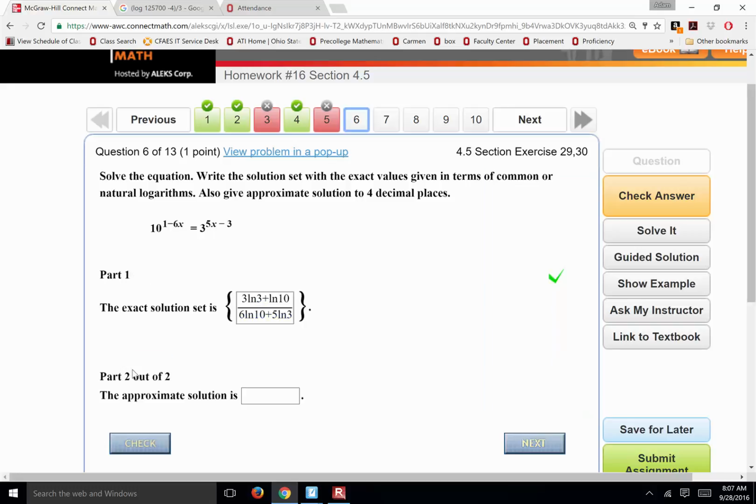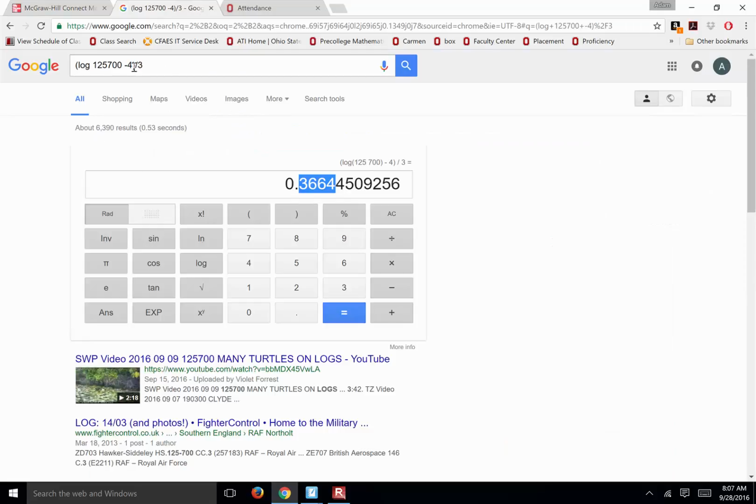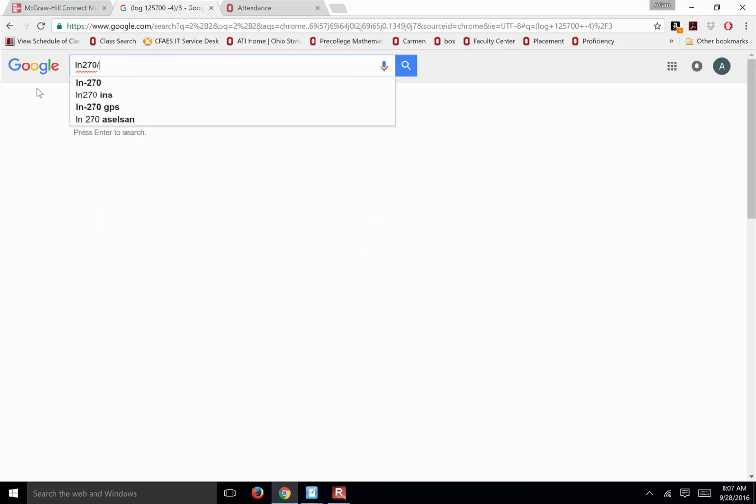Correct. Now, what we need to do is take this and put it into the calculator. ln 270, it was the top. I just want to cheat them, combine them. And ln 125 million. No?